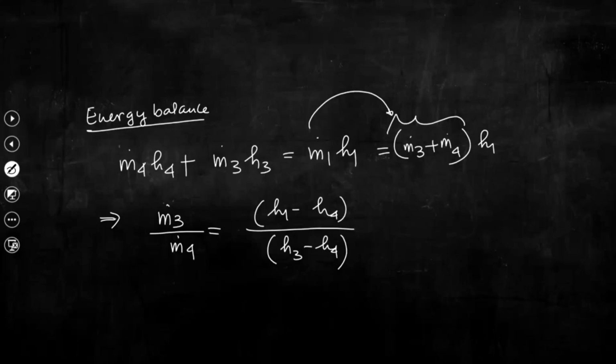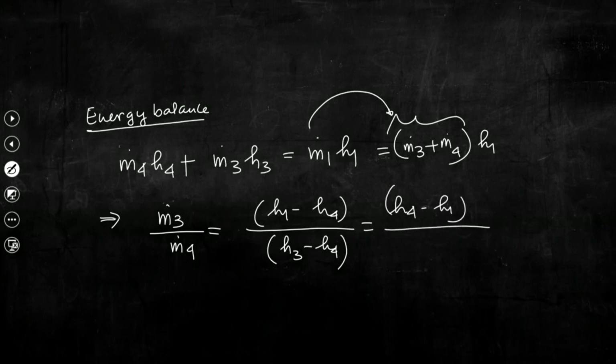Now, that is what we can write. So, we can write m dot 3 divided by m dot 4 equal to H4 minus H1 divided by H3 minus H1.